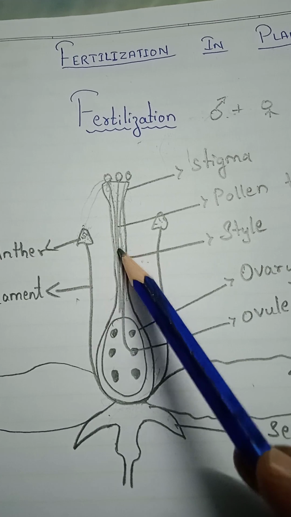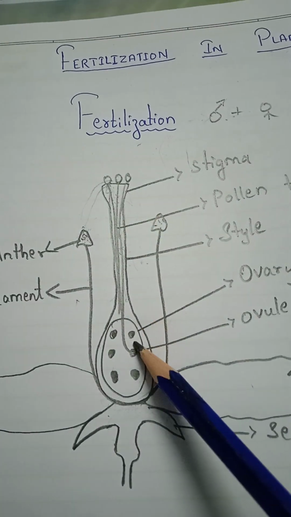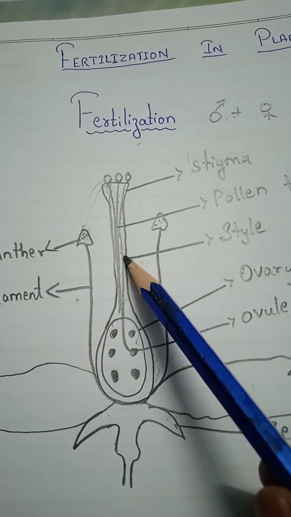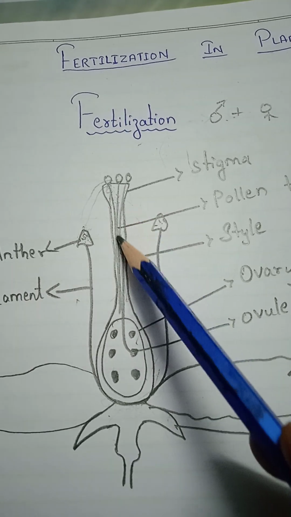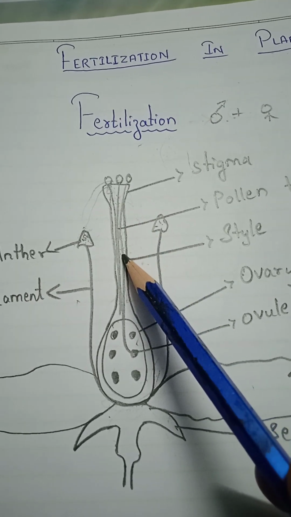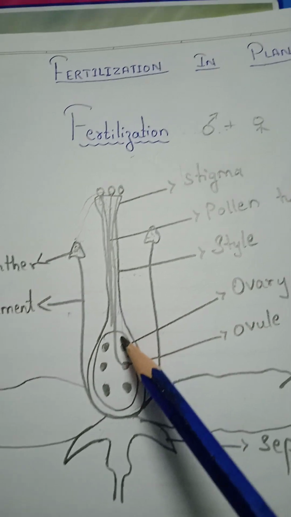The style joins the stigma and the ovary; it is the middle part. The pollen tube grows through the style towards the ovary.